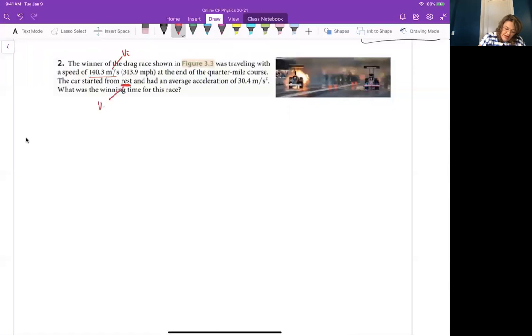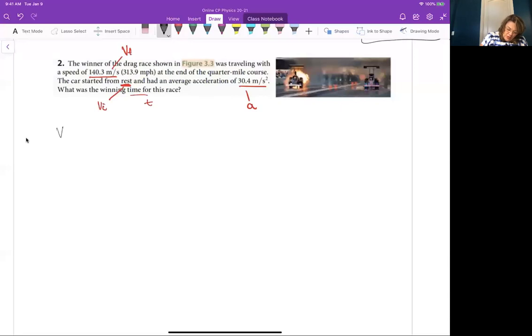So they started from rest, so that velocity that they gave me prior was my final velocity, okay? And he had an average acceleration of 30.4 meters per second squared. There's my acceleration value. What are they asking for? Time.